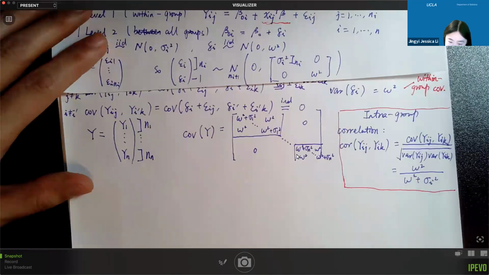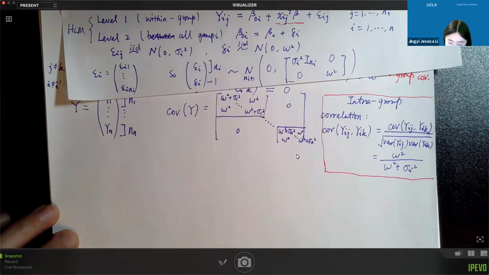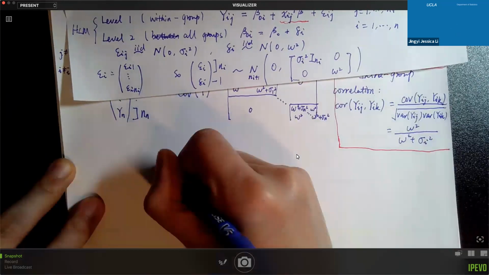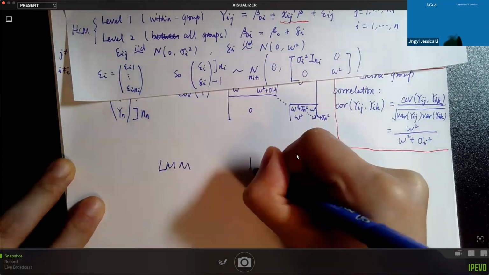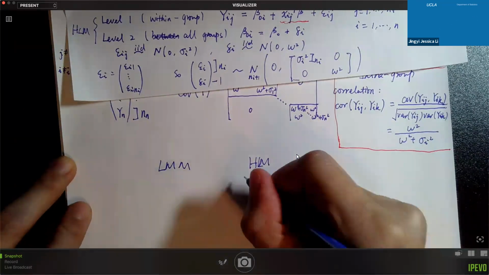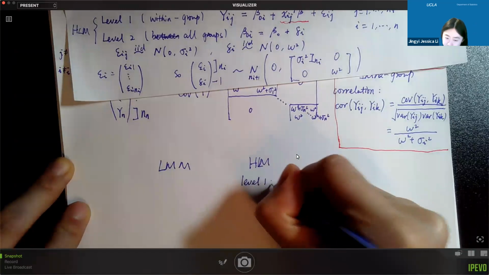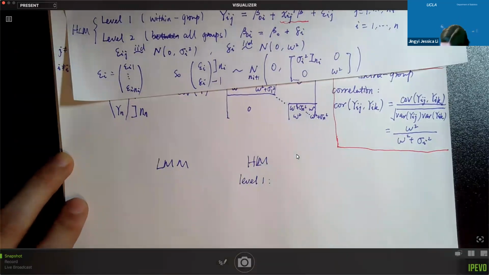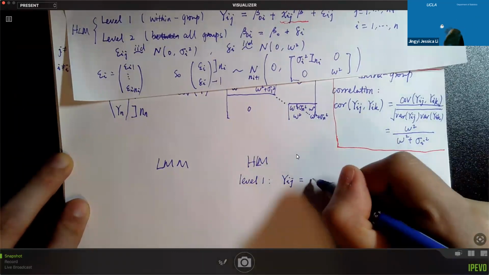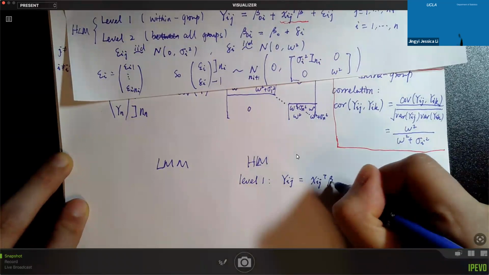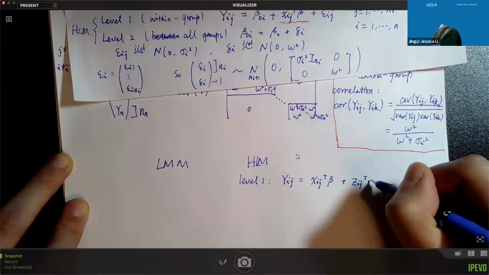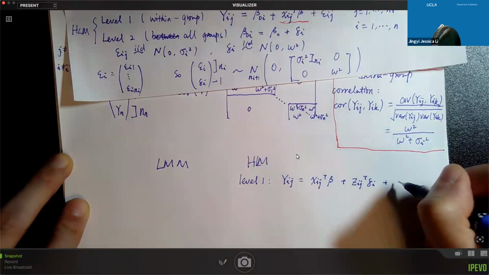Now let's move back to the general LMM, with a quick recap. To compare LMM versus HLM: in the HLM, we have two levels. Level one is always the within group level. So we write Yij equals Xij transpose beta plus Zij transpose delta I plus epsilon ij.